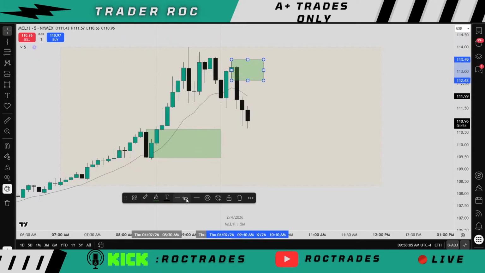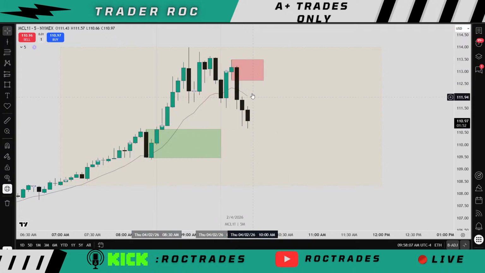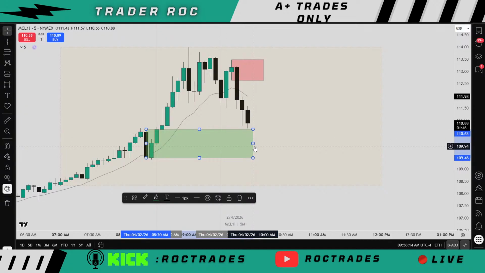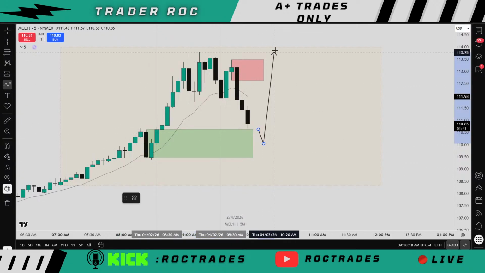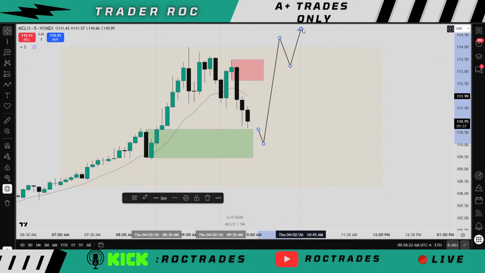So now you have two levels. Which one was printed first? This one was printed first. So you want to see if we tap into here, how does price respond? If this holds up, you expect this to bounce, a ping pong type of theory where whichever one was created first, you want to see that level hold up, and then you expect this level to be broken. Because in theory, this was the real setup.